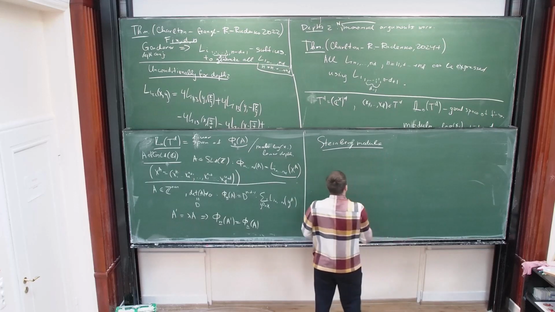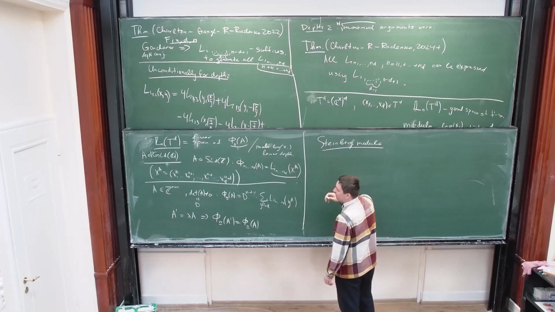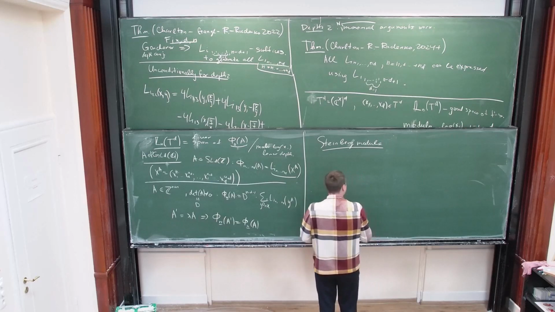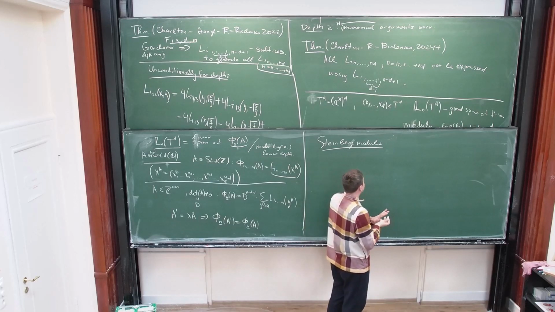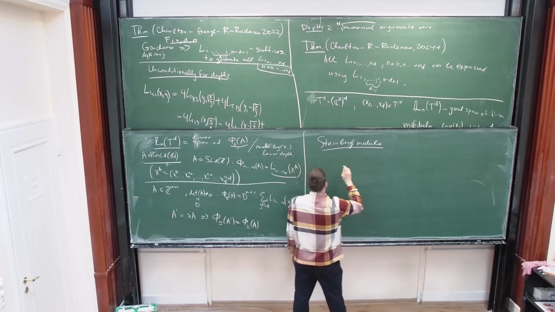The Steinberg module is an interesting thing because it appears in many different places, and in our story it appears in two ways simultaneously. I want to say a little bit about it, but not too much.